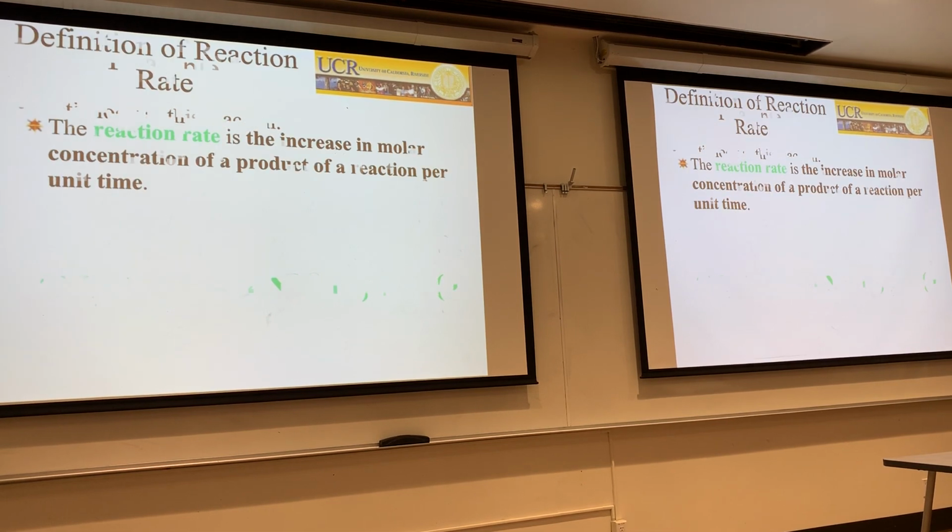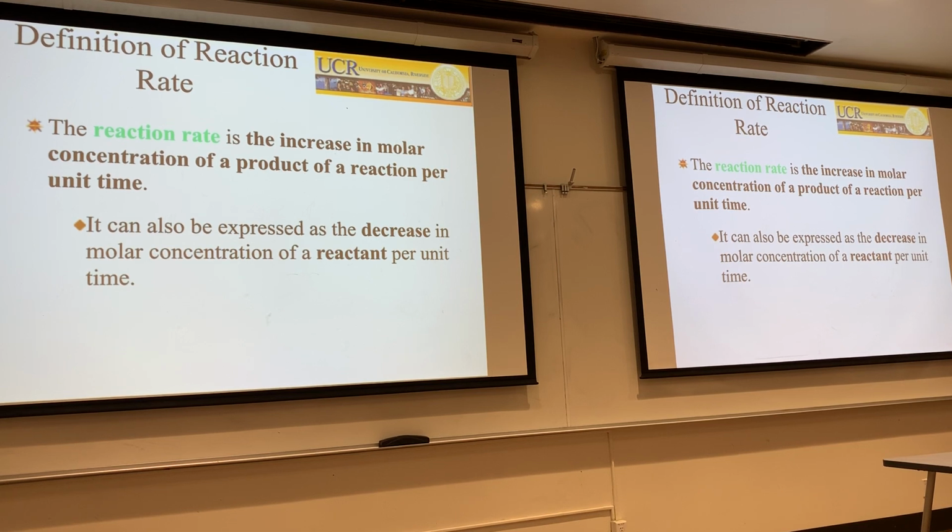So in this decomposition reaction, we can say how fast is the reaction by defining the rate of that reaction. And the rate is increase in molar concentration of the product of the reaction per unit time. So we can of course also say rate is rather the decrease of the concentration of the N2O5 per unit time.